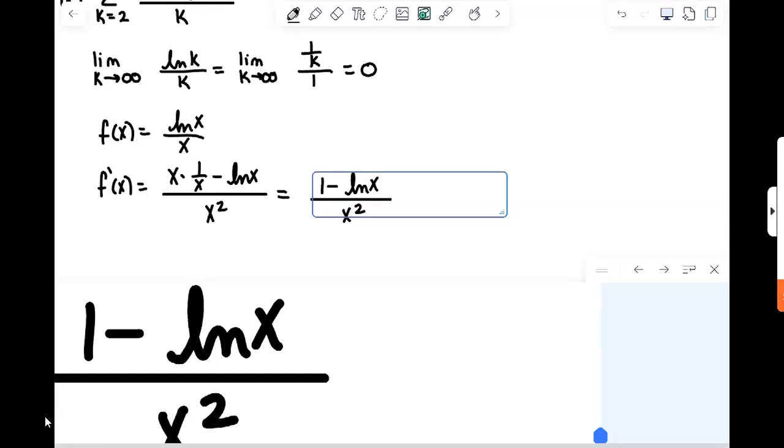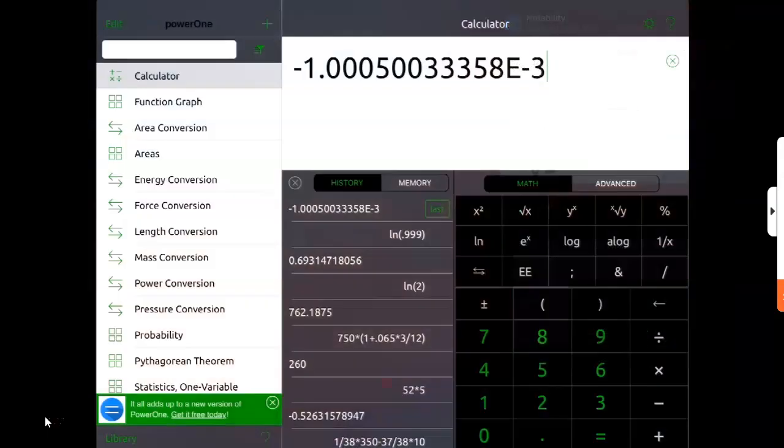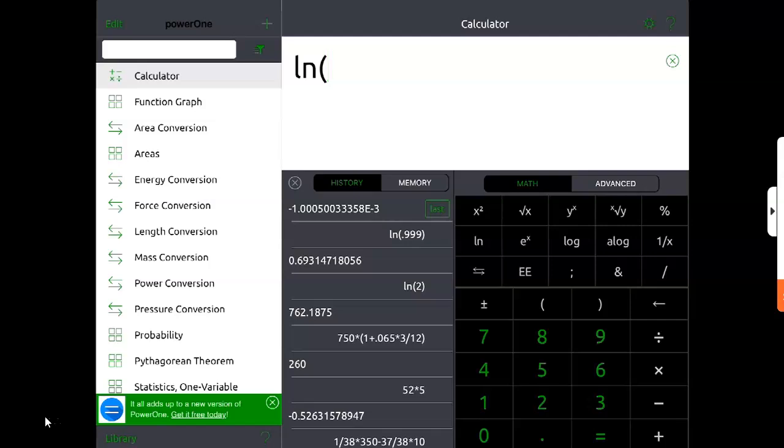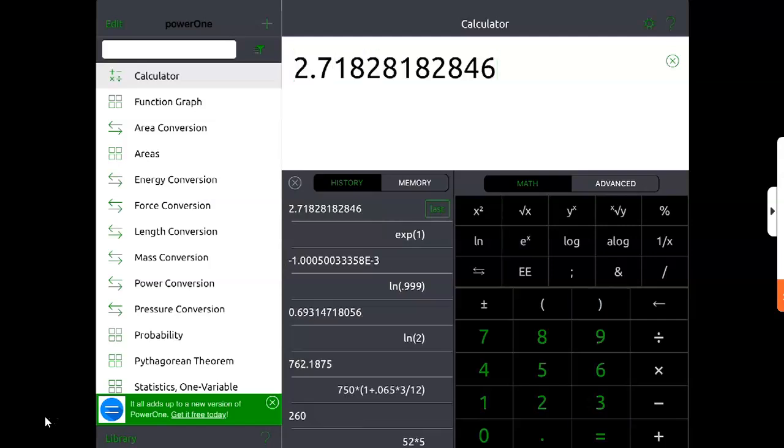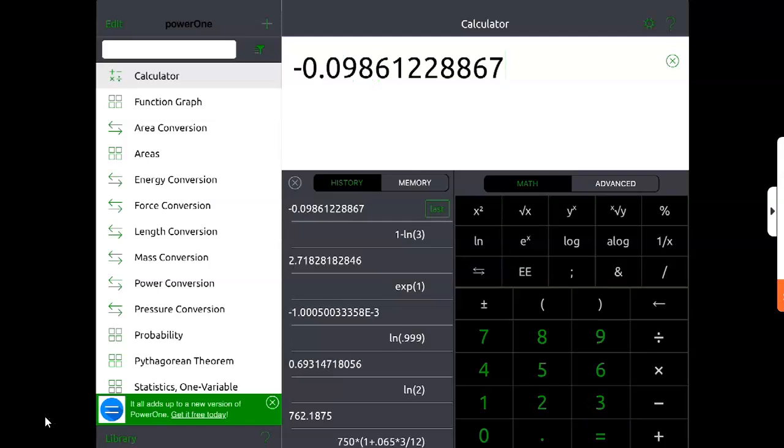Ln of x is bigger than 1 as long as the thing we put in the ln is bigger than e to the first power. As long as the thing we're putting into the ln is bigger than that, 1 minus ln of x will be negative. So specifically, if we put in 3 or larger, that stuff is going to be negative.